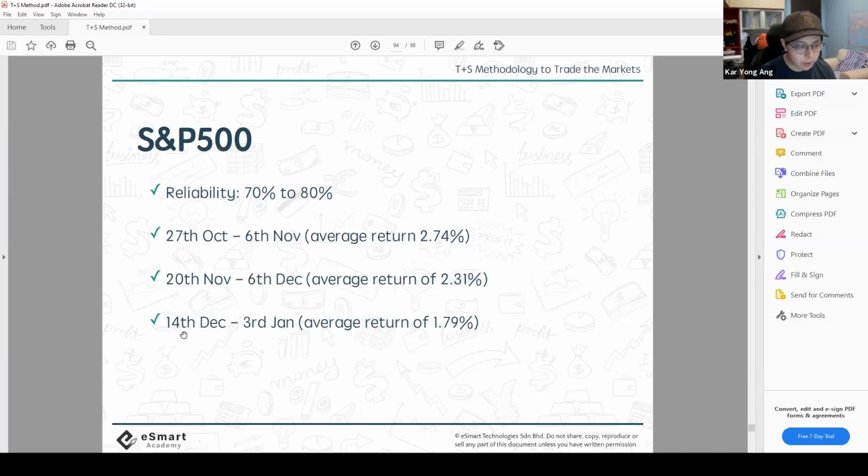And then from 14th December to 3rd January, focus on the buy. Based on the past 10 years, these three windows of period, these three timings, are a good 70 to 80% accurate. And then you go to the technical chart and look for the pattern that allows you to buy. You combine them both, and your chance of winning is very, very high.